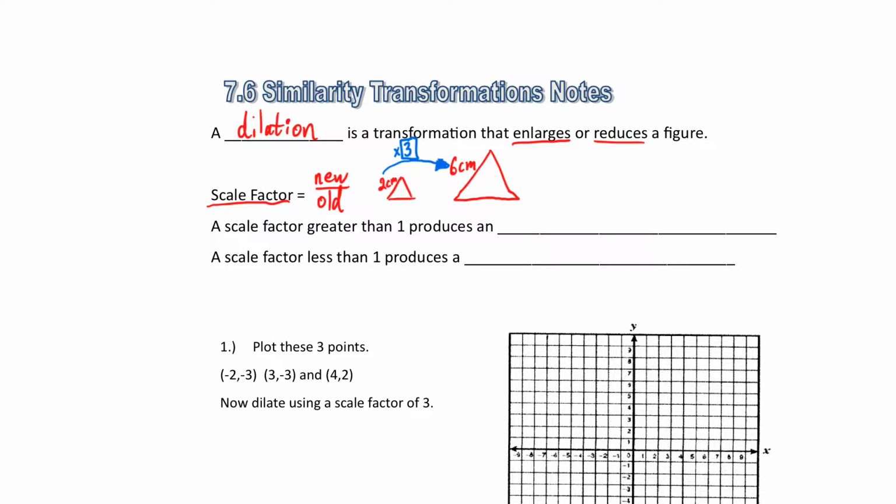Now, in this one, it's easy to see. I mean, you can see 2 times 3 is 6. But what if this right here was 4.7 and this was 1.3 or something like that? 1.3 times what gives you 4.7? That's not as easy to see, okay? And so that's why you use this, because that's all you're doing. How long is the new one? If we start off here and we go to this, how long is the new length?